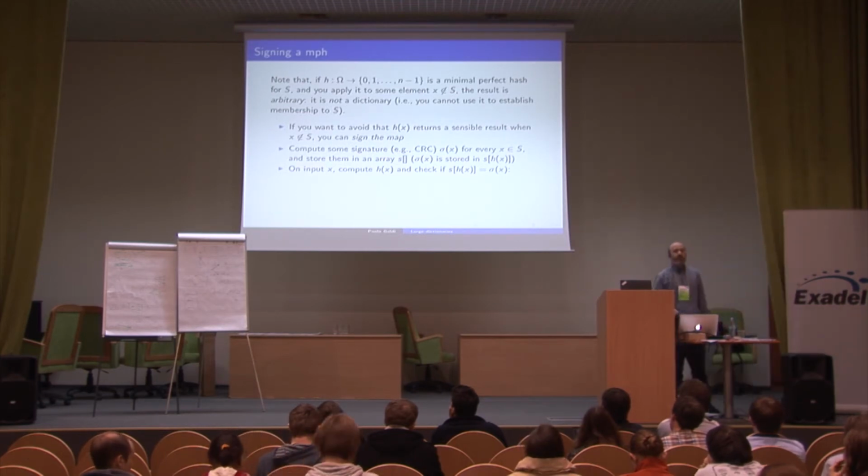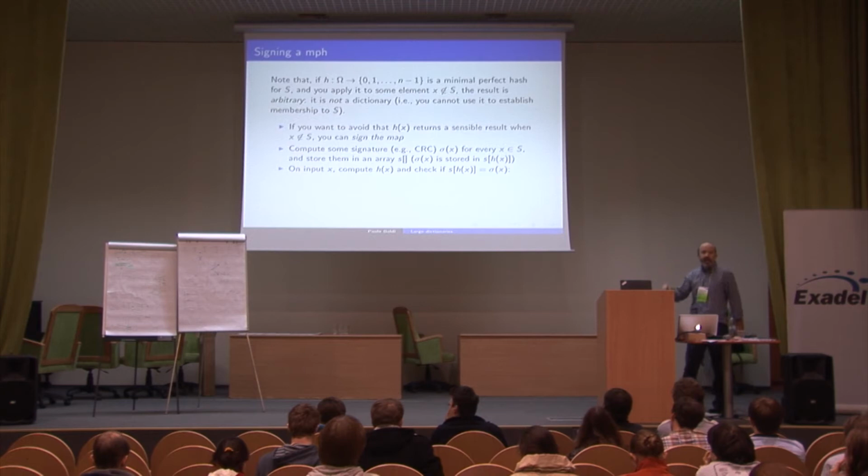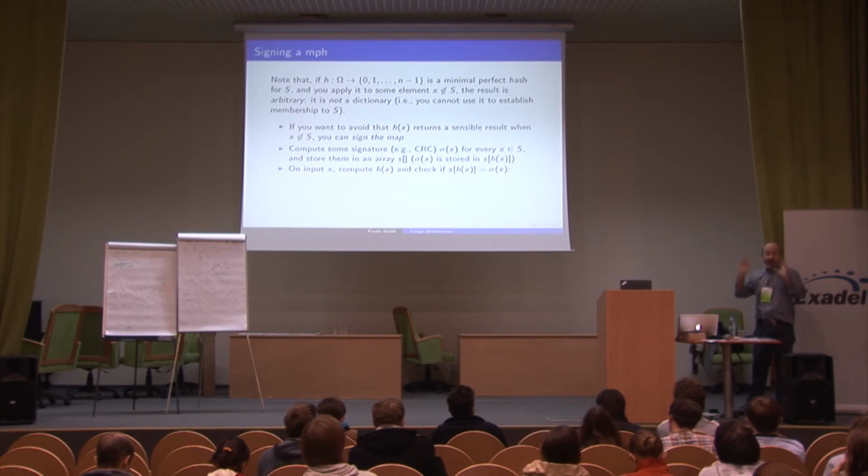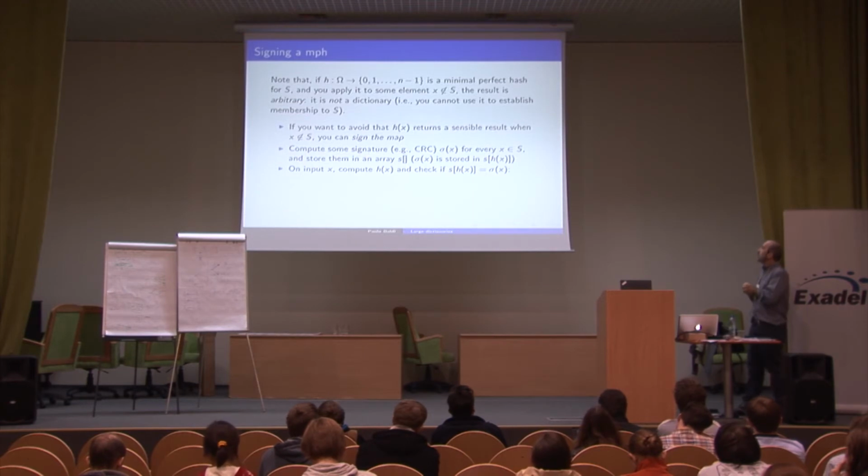Of course, if x was part of S, if x was part of the original set, the answer will be yes. If x was not part of S, the answer may be yes or no, depending on whether by chance the CRC of this element is equal to sigma of x or not, but most usually it will not be equal.